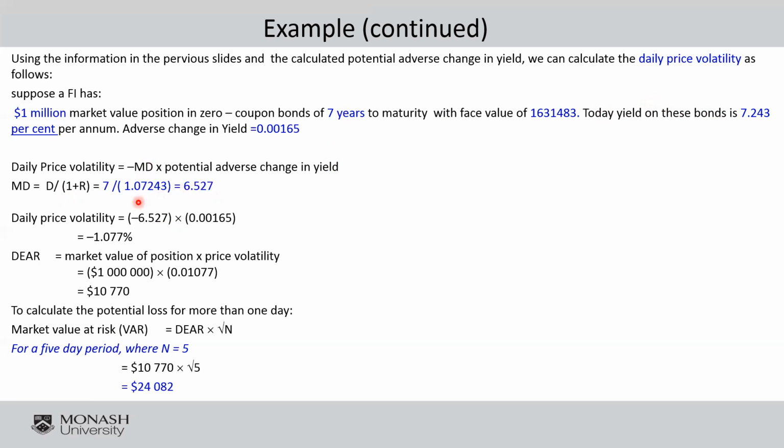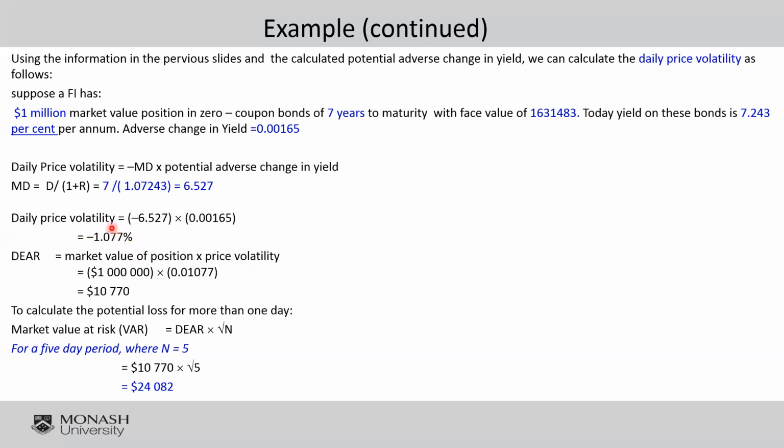Now, the daily price volatility is the modified duration times the adverse movement. I get it to be 1.77, and this is the highest drop for the highest increase in the yield. So the DEAR is the market valuation of the position times the price volatility, which is 1 million times 1.077.